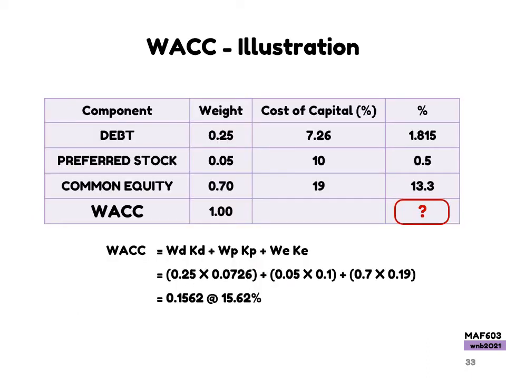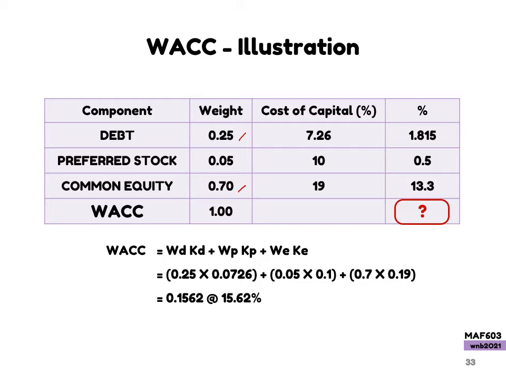Okay, let's look at one illustration. There are three financing types here. We have debt, preferred stock, as well as common equity. And here, the weight for each individual component is given. 25% is coming from debt, 5% is from preferred stock, and another 70% is financed using common equity. And for each individual component, we already know the cost of capital.